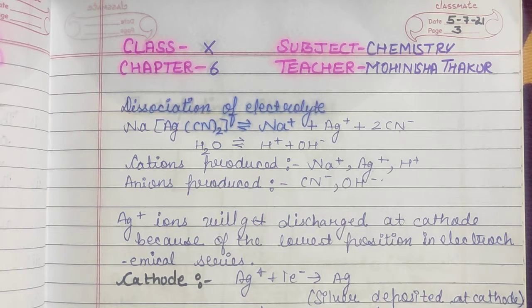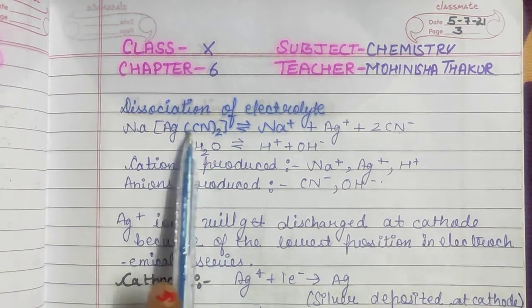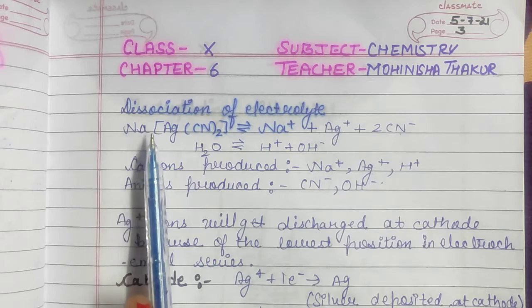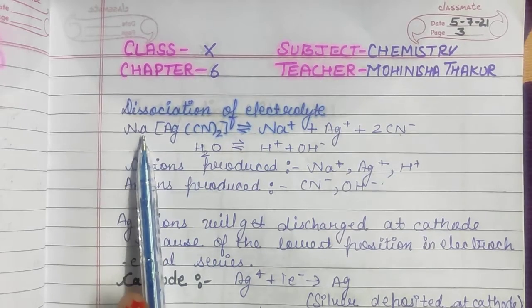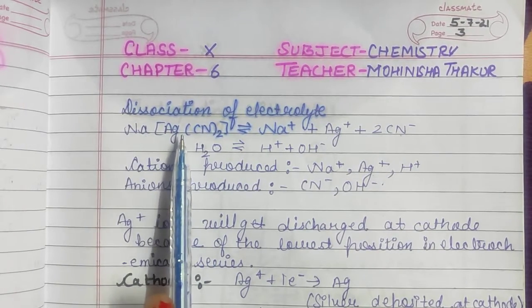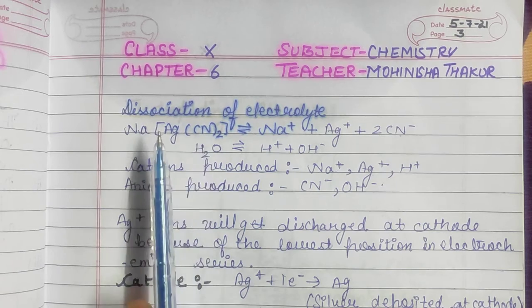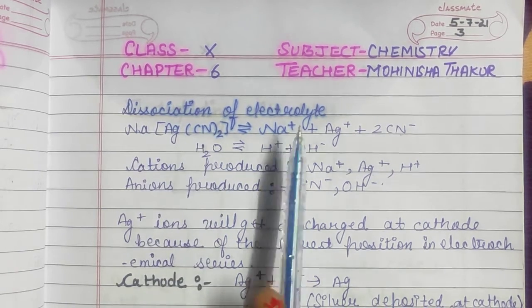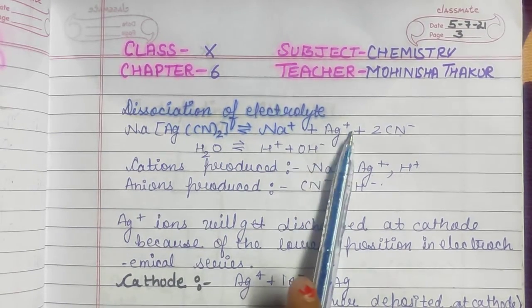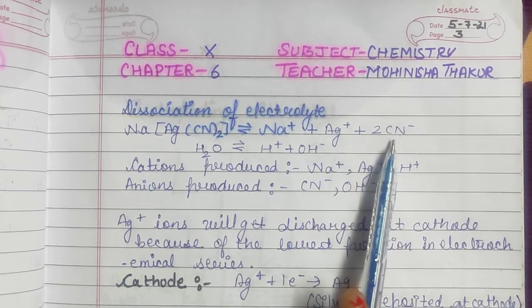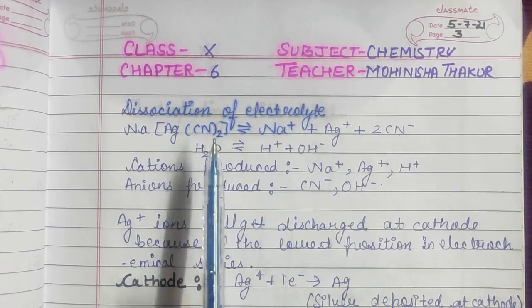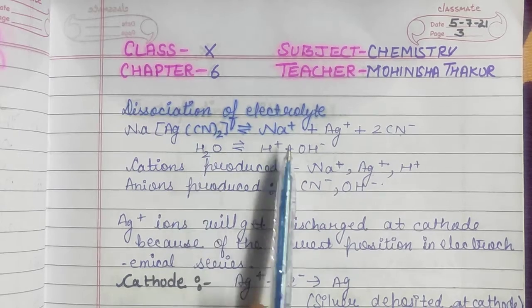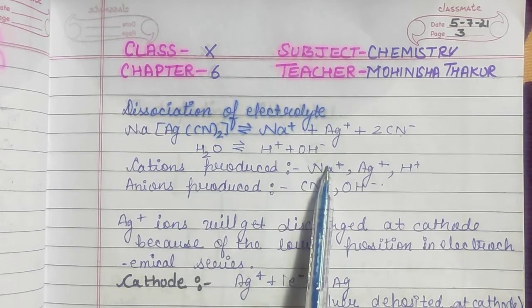Now here I will discuss the dissociation of electrolytes. So students, when the dissociation of electrolytes takes place, what is the electrolyte here? It is sodium argentocyanide. It will dissociate into Na+ and Ag+ plus 2 CN-. When you dissociate water, it will dissociate into H+ ions and OH- ions.